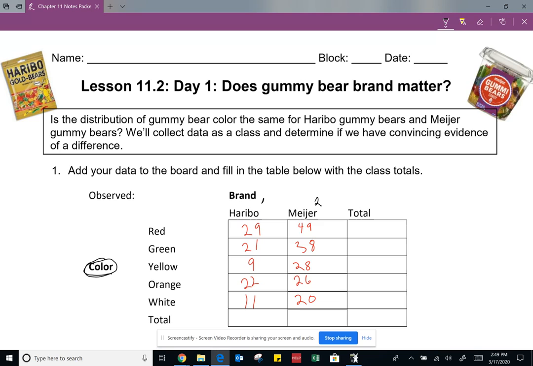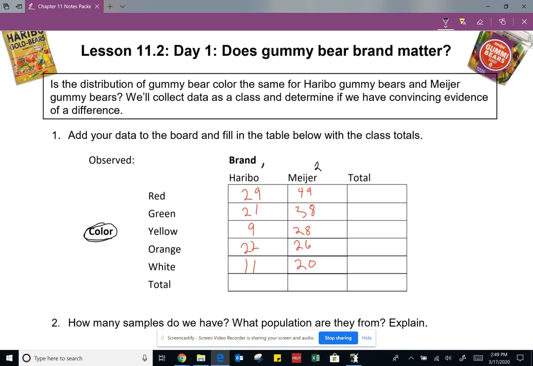So in previous years, I went and collected gummy bear data, and this here on the table is what we found as a class. As a class, we found 29 of the Haribo were red, 21 green, 9 yellow, 22 orange, and 11 white, for a total of, let me add that up very quickly, 92.